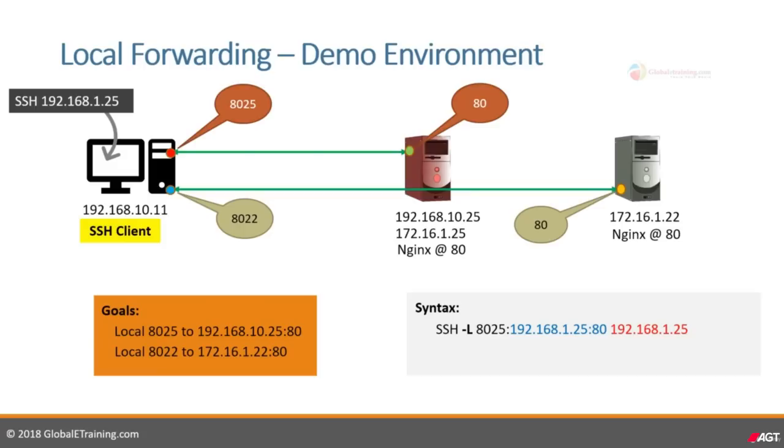And we'll also map a local port, in this case for example 8022, to port 80 on 172.16.1.22, which is on the NAT network.